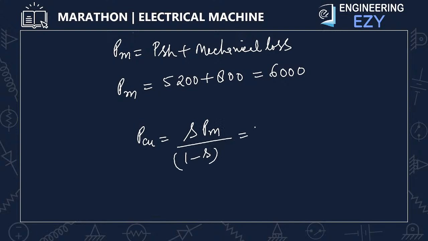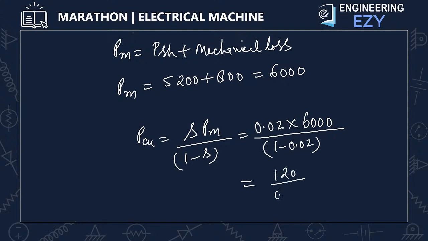So I am getting 0.02 slip into PM, which is 6000, divided by (1 minus 0.02), that is 120 divided by 0.98. So it is 122.44 watt. Very good.